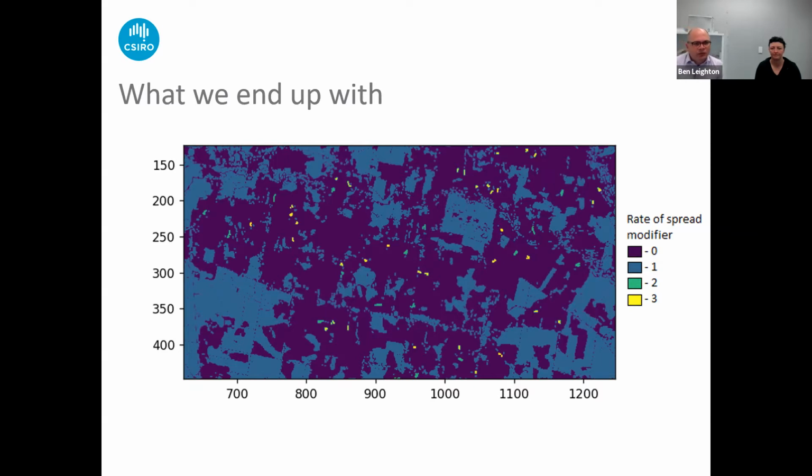But you can see there that the green patches actually have less rate of spread modification, I believe, because they are slightly larger typically than the yellow patches. But the rate of spread modification also depends upon the distance of the patches from other patches and whether they can sustain a full fire.